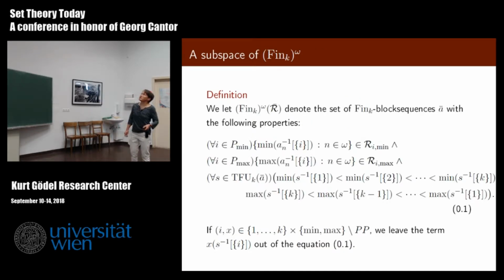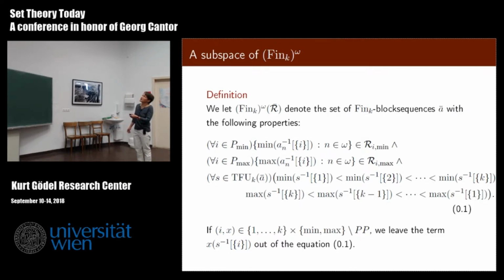And now the subspace of phi k to the omega, which will be the reservoir of a new forcing order. So I call it phi k to the omega, indexed by bar r. This is the sequence of non-nearly coherent Ramsey ultrafilters.